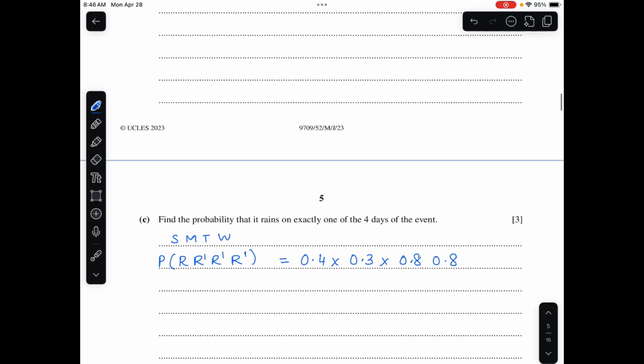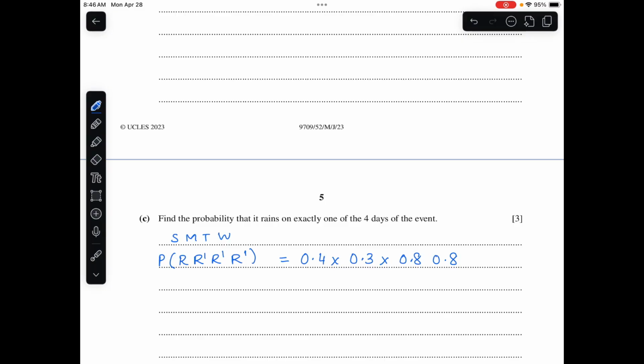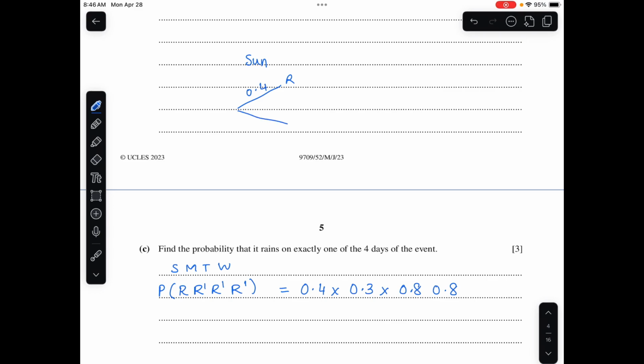So for you to understand this better, if you're getting confused, you may want to draw a tree diagram, something like this. On Sunday, we know that it's the first day, the probability of raining is 0.4. The probability of not raining is 0.6.